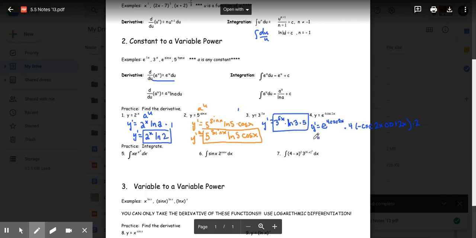So we use the little chain rule there. You do want to clean this up a little bit. I would make this -8, right? 2 times negative times 4, -8. Probably looks best to bring it out in front. E to the 4 cosecant 2x times cosecant 2x cotangent 2x. There we go.